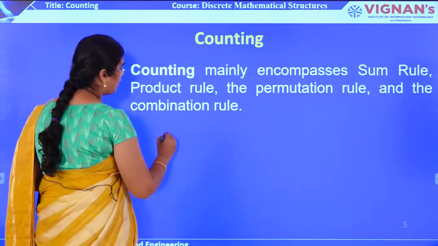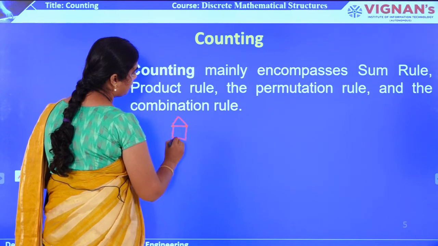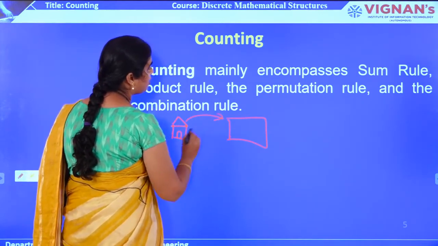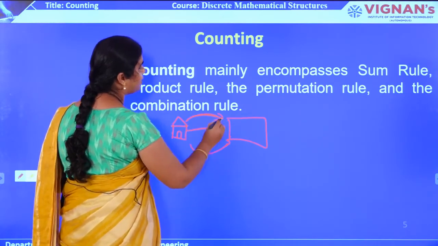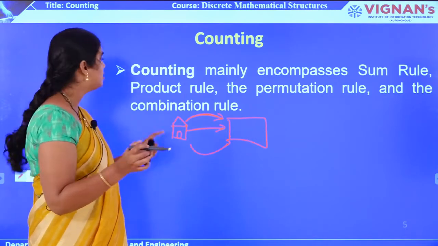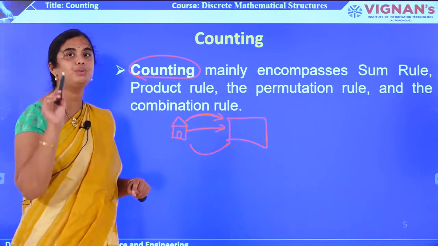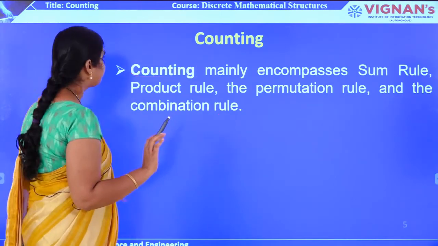Now, suppose this is your home. From your home, you are coming to college. There are many ways to come to college. You can take a small route or a larger route, or you can come by bus, by train or anything. So counting states the number of ways in which you can accomplish a particular task.